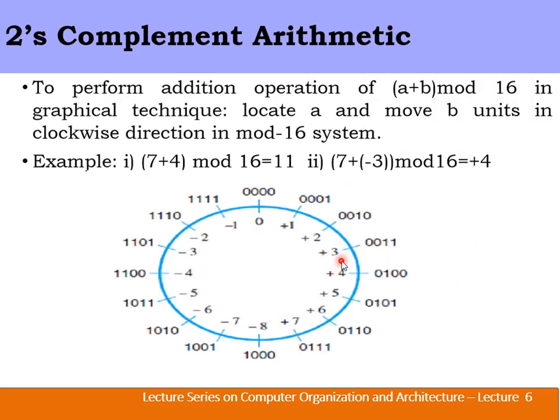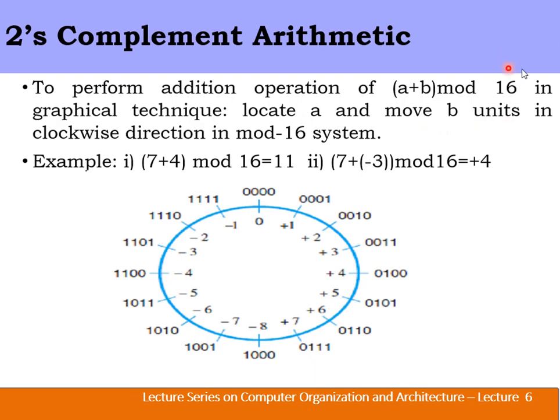Now how can this graphical method be used to perform an arithmetic operation using the 2's complement method? To perform the addition operation a plus b mod 16 in a graphical technique, a and b are the two numbers that need to be added. We locate the number a and move b units in the clockwise direction.